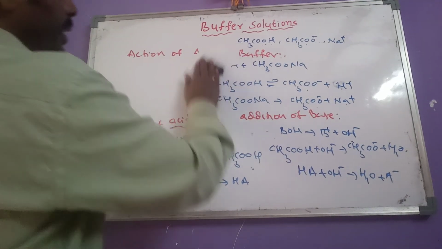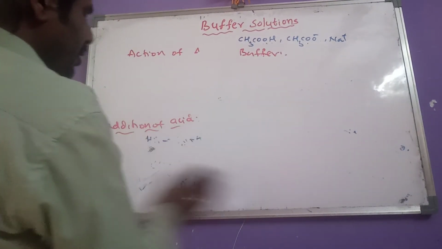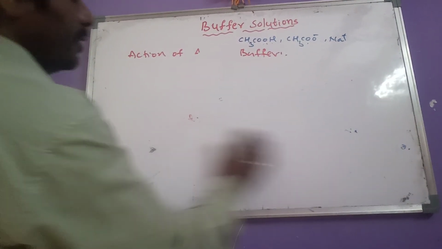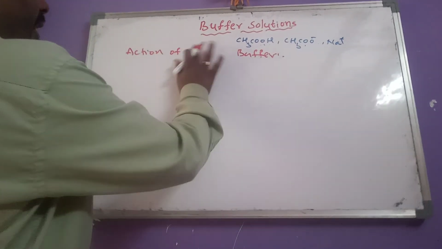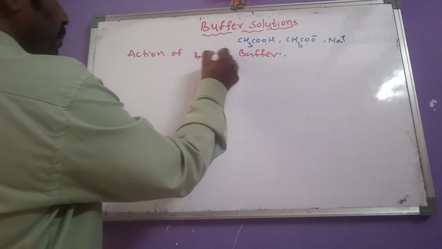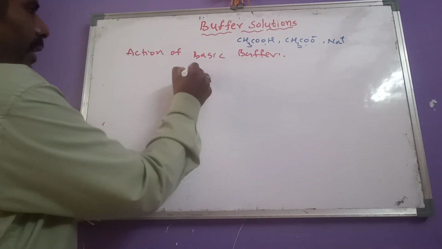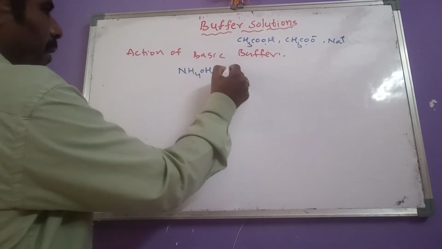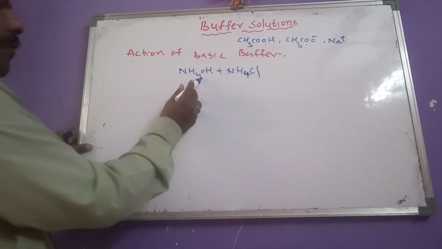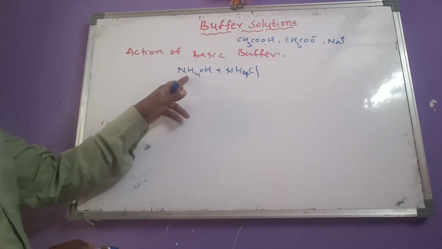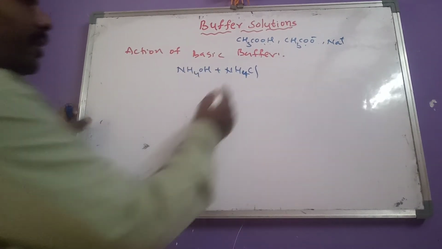Similarly, we have to see the action of a basic buffer, with NH4OH plus NH4Cl as an example. Here it is a weak base, so partial ionization, but NH4Cl is an electrolyte, so complete ionization.